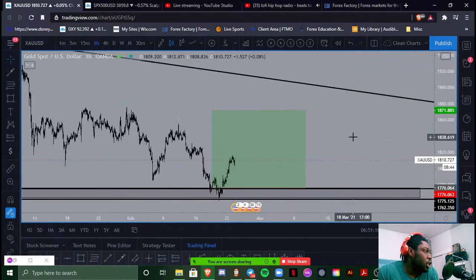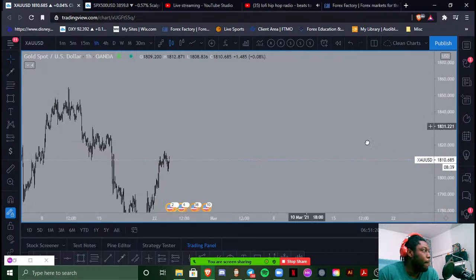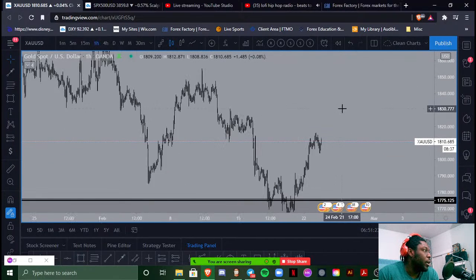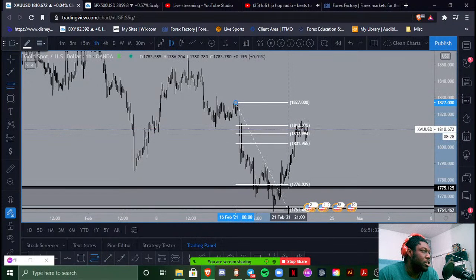But what I could see possibly happening with gold, so let me go ahead and hide this trade that I'm already in. What I could see really happening with gold right here is just from this drop right here, although I really think that price is going to still come up here, 1827. I don't doubt it, actually.